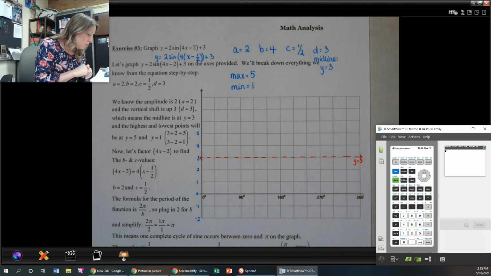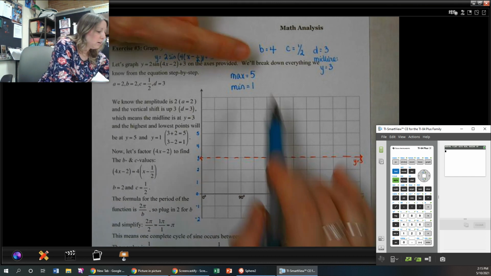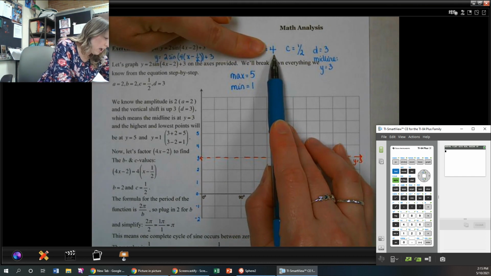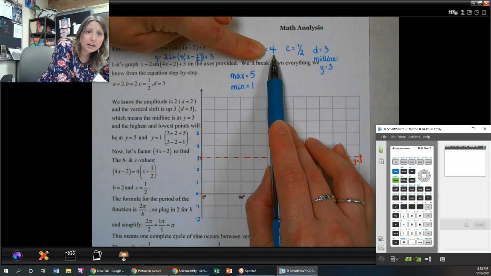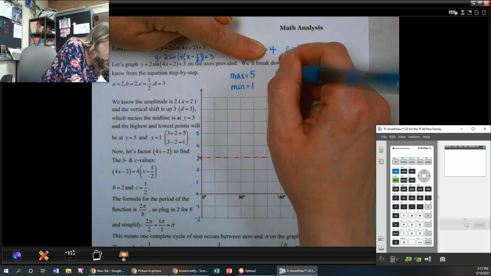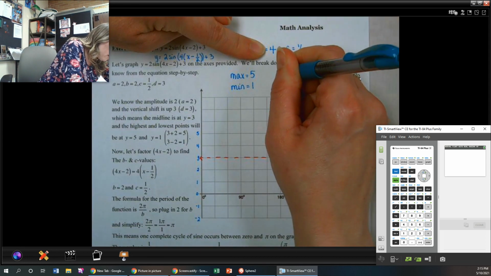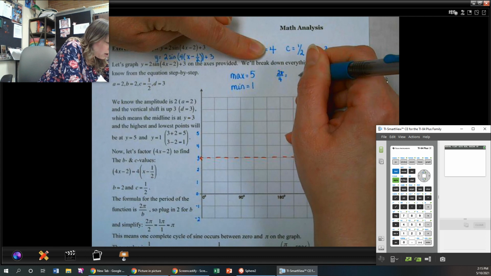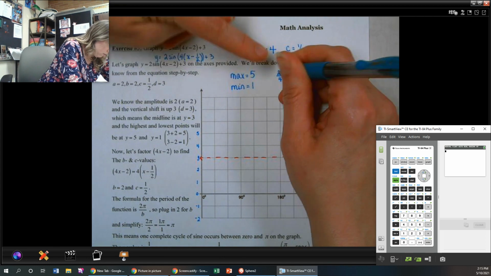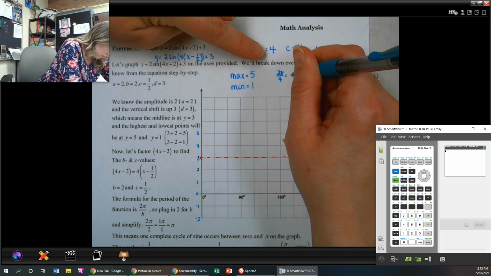Okay. So now to get ourselves our period, we're going to take the b value and divide 2 pi by it. So since my b value is 4, 2 pi divided by 4 leaves me with 1/2 pi.